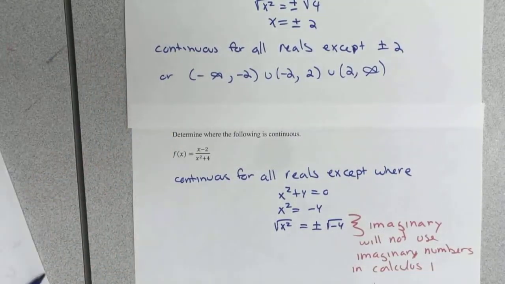Or 2 or 3. Calculus on what's called the imaginary plane is really, really hard, and throwing in imaginary numbers makes things much less clear. Now, there are certainly places where you need calculus on the imaginary plane, but that's not what we're doing in this class. We're just never going to use imaginary numbers.